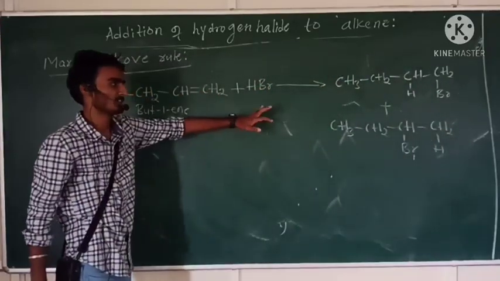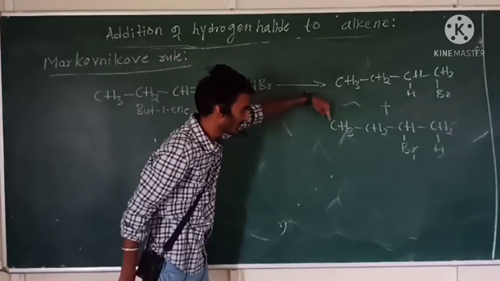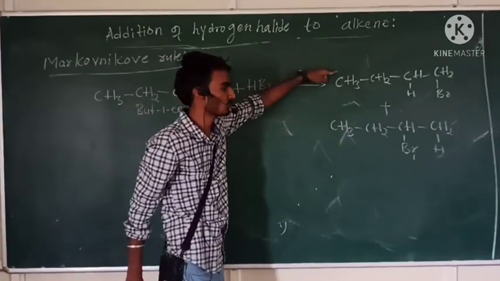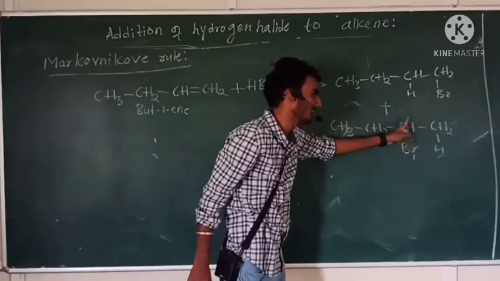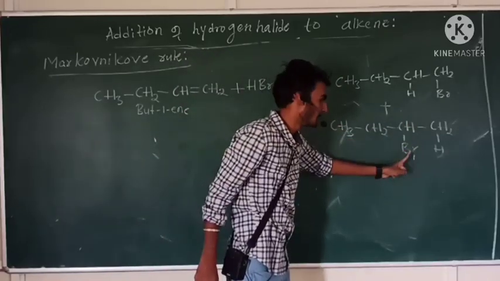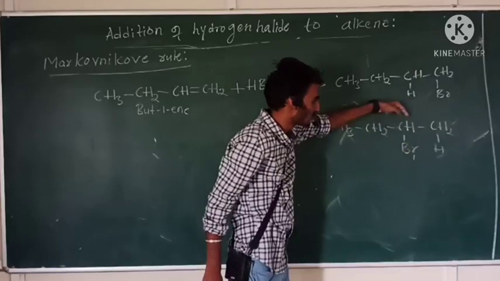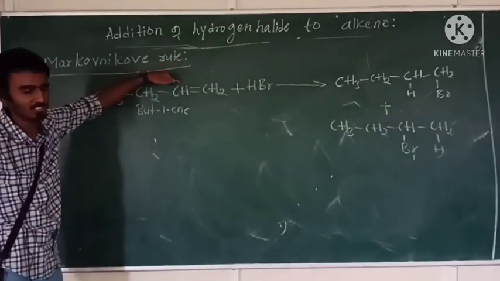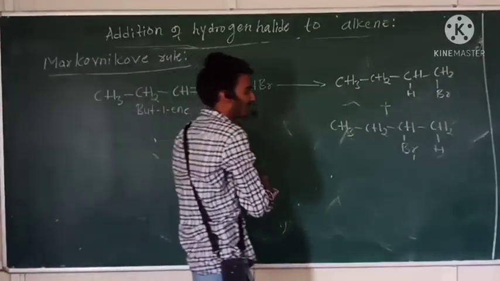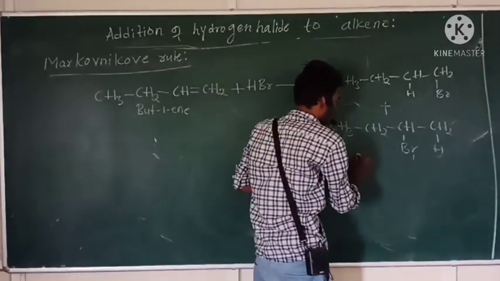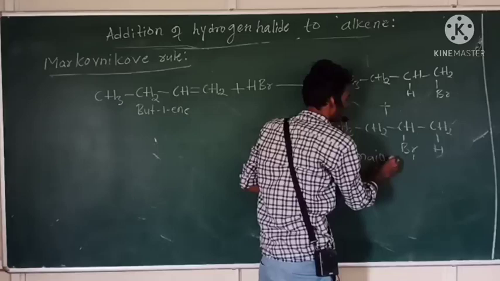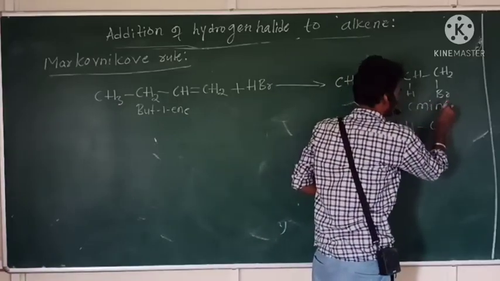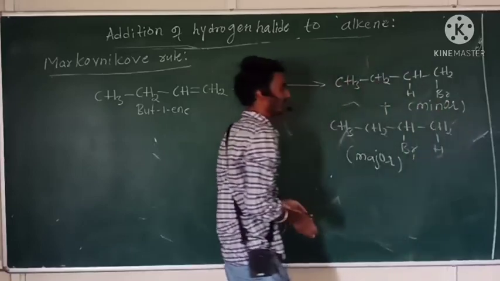Which one is major and which is minor? This is the major and this is the minor, because the negative part is attached to the carbon with less hydrogen in the carbon-carbon double bond. So Br, the negative part, is attached to this side because this carbon has fewer hydrogens. Therefore this forms the major product, and the other is considered the minor product.